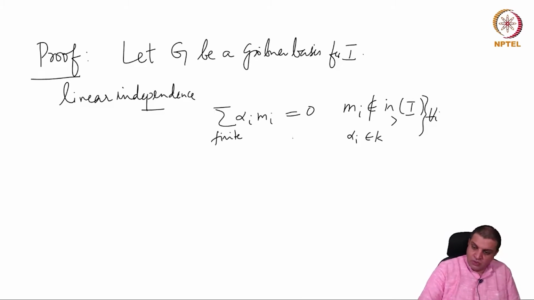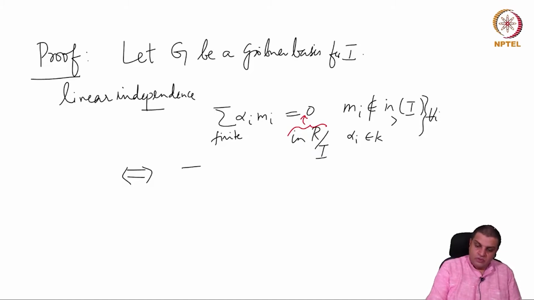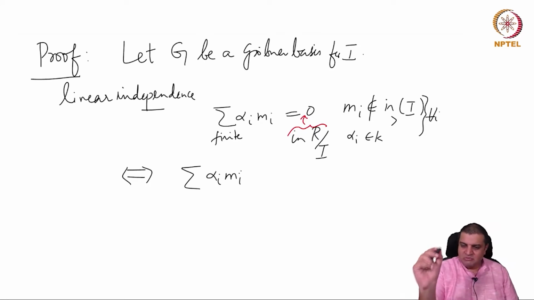So this is 0 in R mod I. What does that say? This is if and only if the sum of alpha_i m_i is 0 inside R mod I. When we write this, we might mean the residue class of m_i inside R mod I, but here I mean the actual monomial itself.